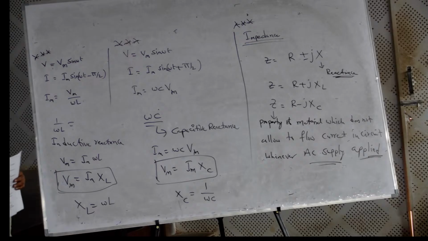I repeat, an AC circuit consists of a pure resistor of 10 ohm and is connected across an AC supply of 230 volts, 50 hertz.